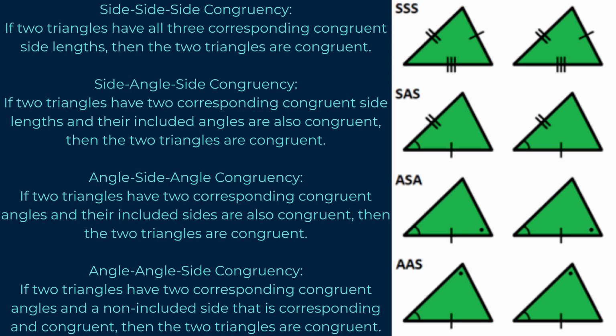So if you have, say, two triangles, and then there are two angles, then their included side, if the included side were congruent, you could already do it by angle side angle congruency. But if they're not necessarily congruent, then you also have to prove one of the other sides congruent. So you can prove it using angle angle side congruency.